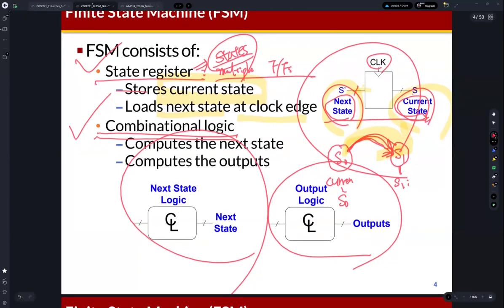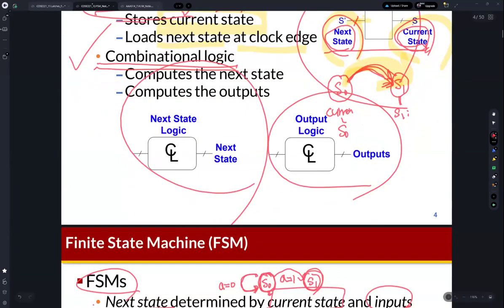So FSM is composed of a state register and the combinational logic that determines next state and output signals, right?